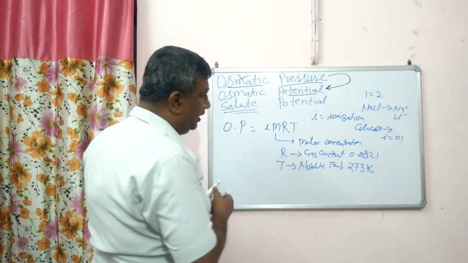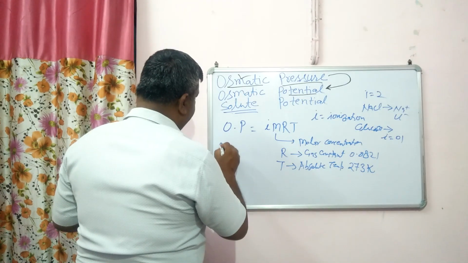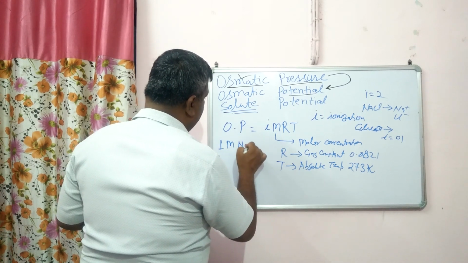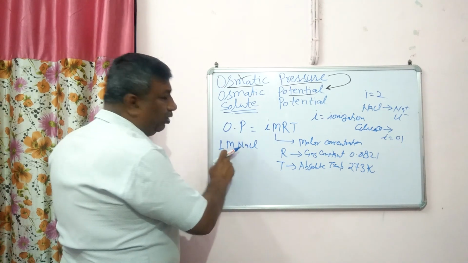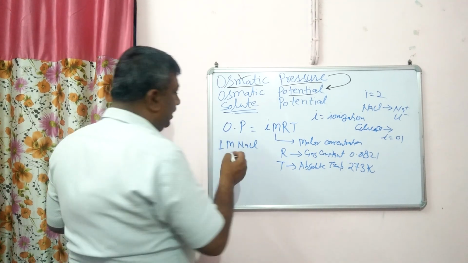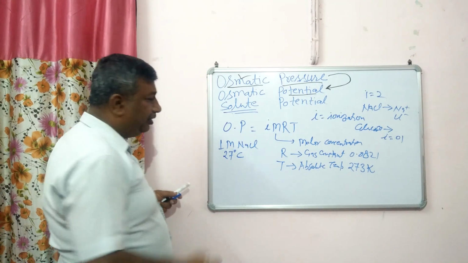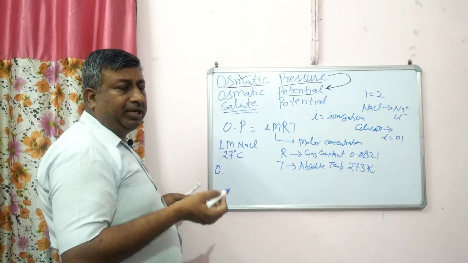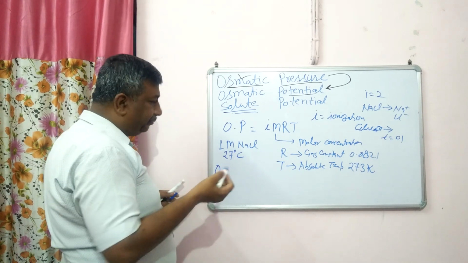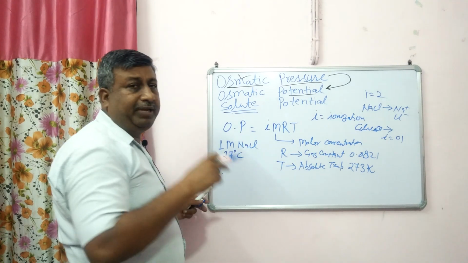We can do one example. Suppose 1 mole NaCl is dissolved in 1 liter water, that is 1 mole per liter, and the temperature is 27 degree centigrade. Then what is the osmotic pressure? 1 mole NaCl, that is 23 plus 35.5, that is 58.5.